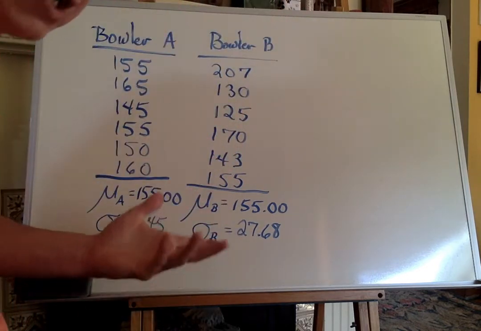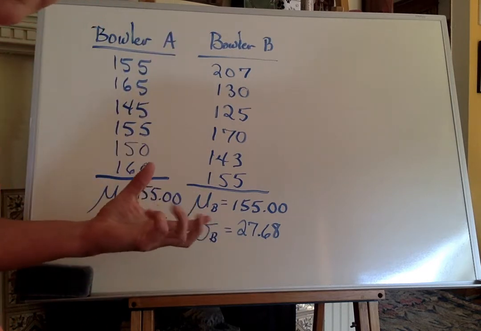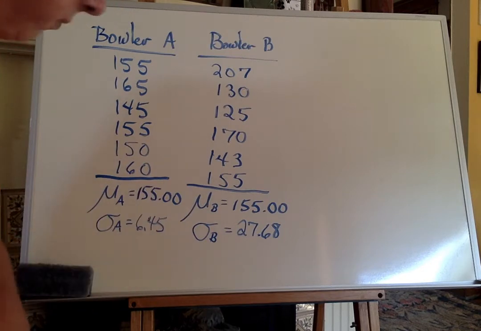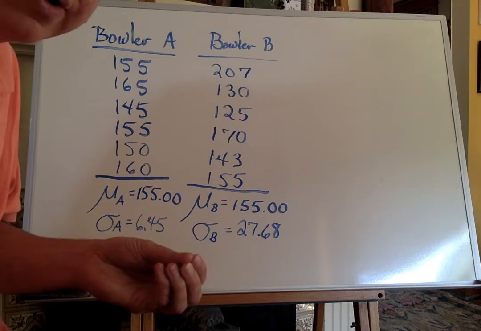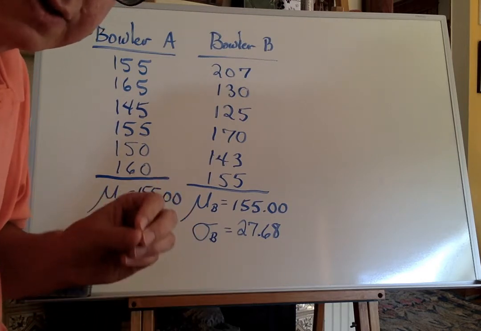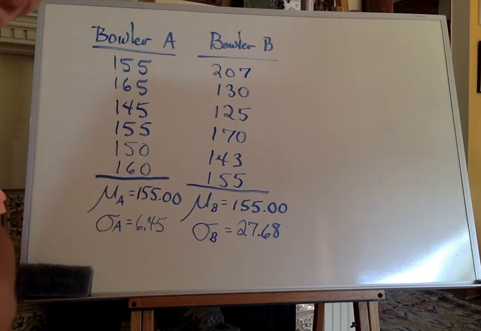This is all the information we have. Based on this information, who would you want on your bowling team? Now, there is no correct answer, but I want you to justify the answer that you give, okay? Now, some people say, I'd rather have bowler A.